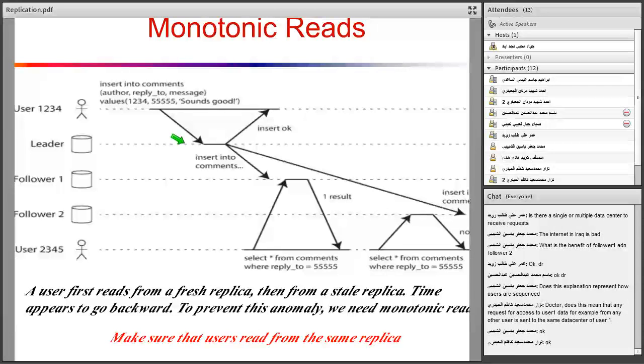In this situation, my read query should be sent to the specific data center. For example, if data center one is selected for me, when I want to see up-to-date information about myself, this query should be sent to data center one.